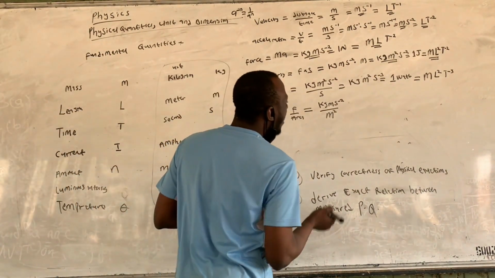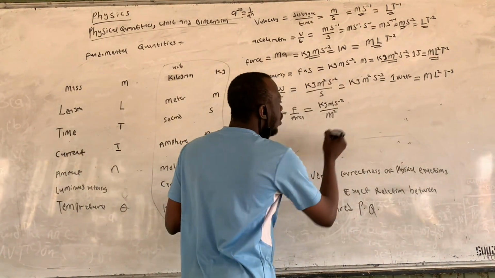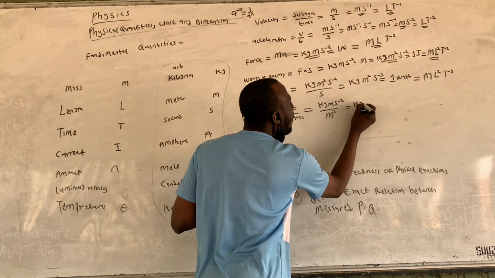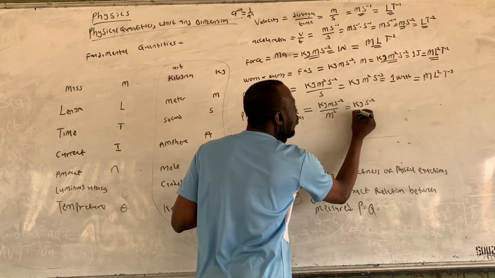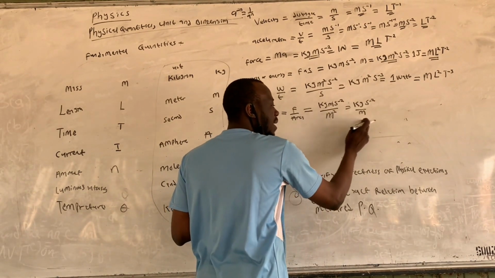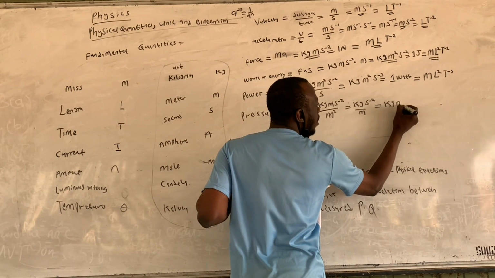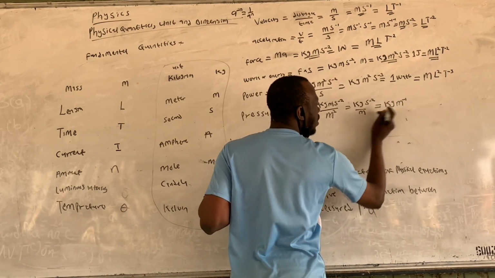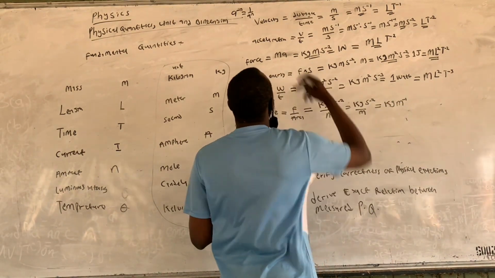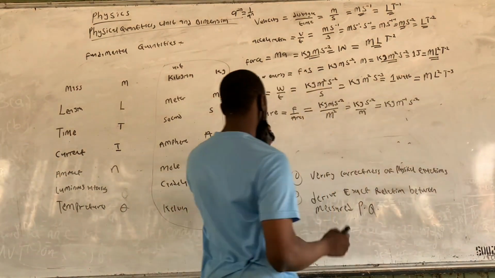Now, from here, 1 meter can cancel out 1 meter here. We will be left with kilogram over meter. Since 1 meter cancels out, this meter comes up, we will have kilogram per meter, which becomes minus 1. You follow the same rule for per second squared.